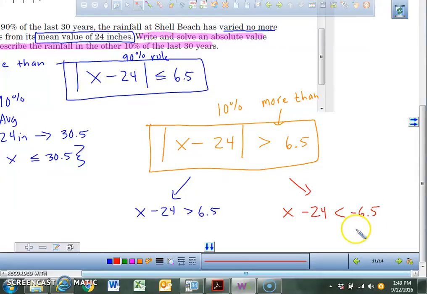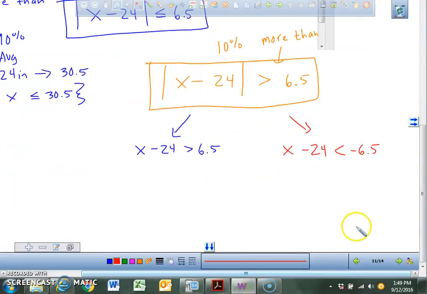Perfect. And by the way, this is going to be an or statement, not an and statement. Because what do we have to do all the way across the board? We have to add 24 all the way across. We get two answers. X could be greater than 30.5 inches of rain, and x could be less than 17.5 inches of rain.